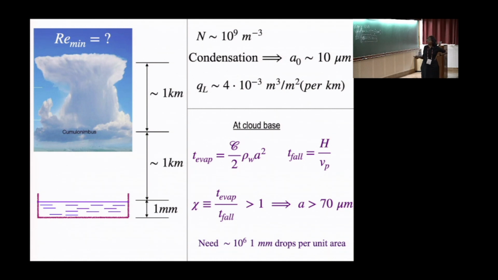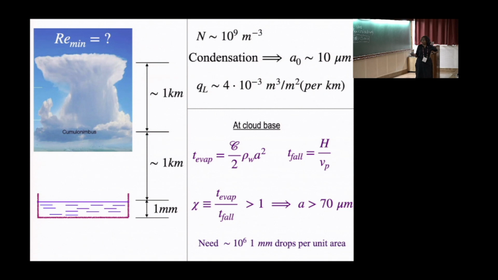So in order for a droplet to even reach the ground, it has to fall faster than it evaporates, right? So chi should be greater than 1. And you see that there is a minimum radius at the base, which is 70 micron. Any droplet which is below 70 micron is not going to hit the ground.